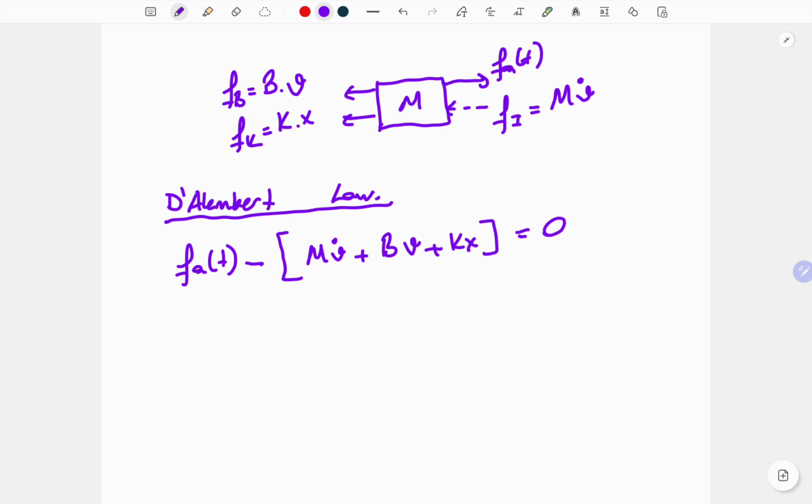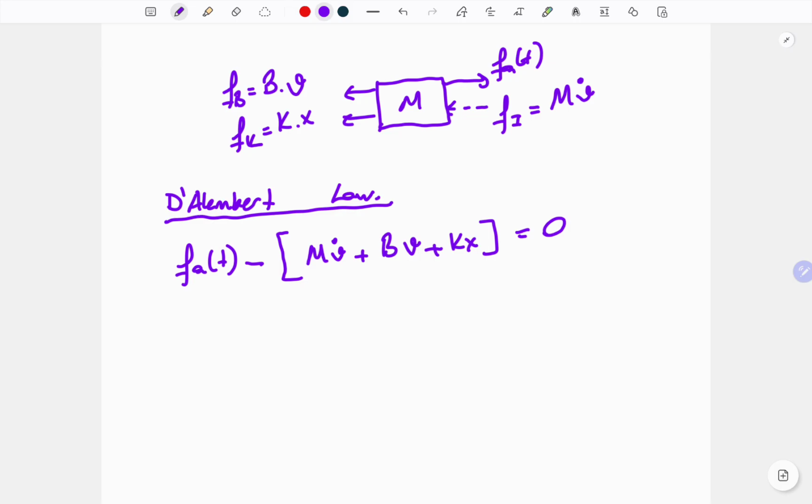Okay, so we have the mathematical equation. But for the modeling side, we want to reorganize the equation according to what? According to inputs and outputs, or state variables, so that the inputs and outputs can be shown clearly.